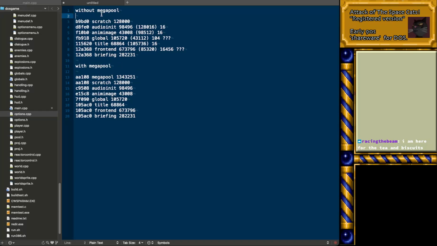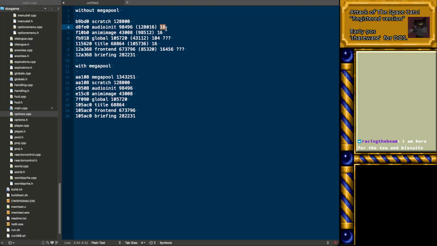Now what's interesting is if we then turn the Megapool off and have another look, it behaves slightly surprisingly. I've since updated these numbers; they weren't the original ones. What I actually saw originally was what I expected: this one is 128016 bytes further along in memory than the Scratch buffer was, which is the size of the Scratch buffer plus 16.